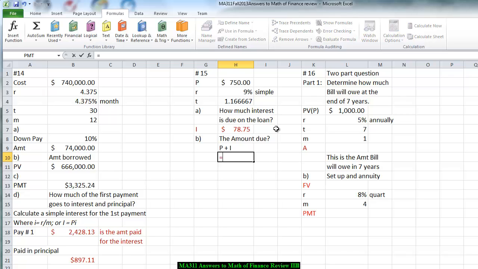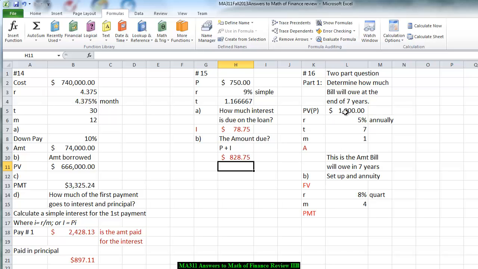Well, that's going to equal the $750 plus the $78.75, which tells us that the total amount at the end of the 1 year and 2 months that Dan has to pay back is $828.75.